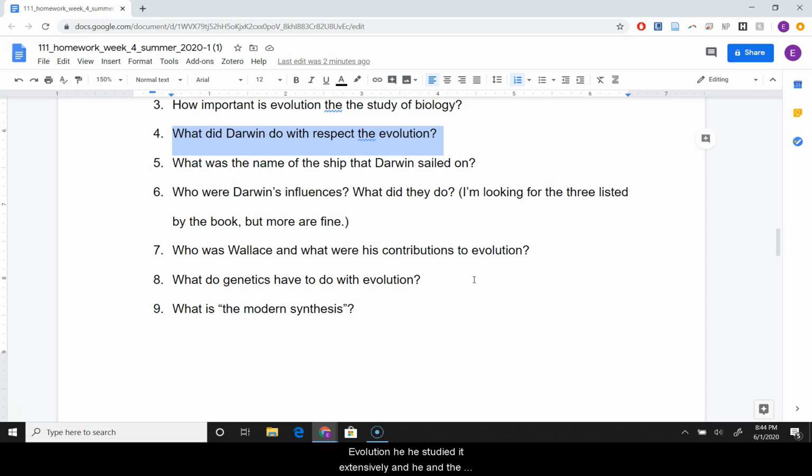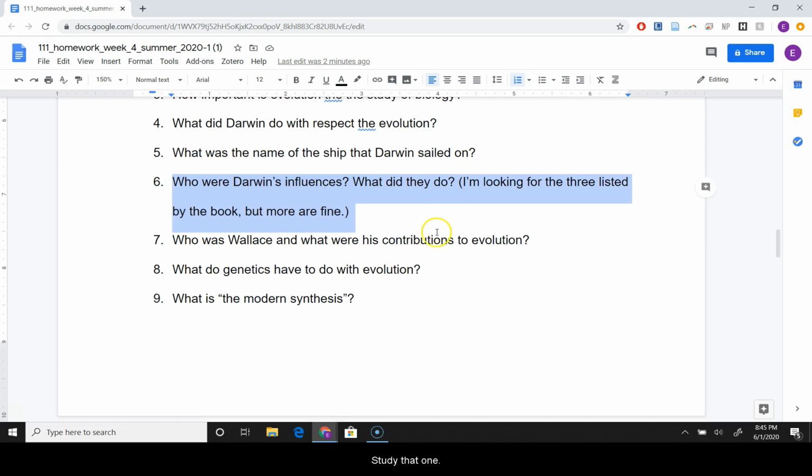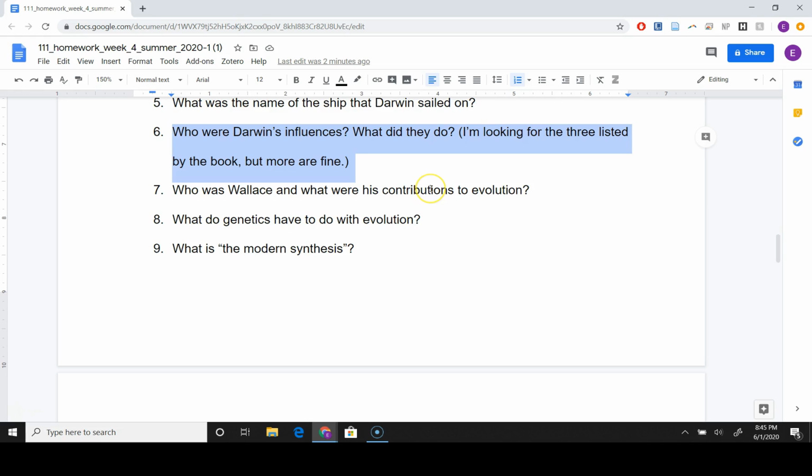He studied it extensively, and he and a guy named Wallace wound up co-publishing a book about it. What was the name of the ship that Darwin sailed on? That's for you guys to figure out. Who were Darwin's influences? I'm looking for the 3 listed in the book, but more are fine. I'll let you guys study that one. Look that one up in the book.